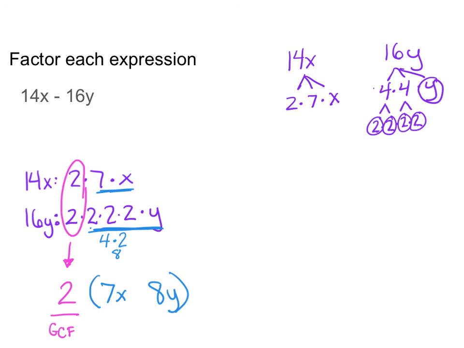How do I determine now what operation goes in here? Well, I look at my original, and it's subtraction, so that means that I need to write a subtraction sign because of up here. All right, so my final factored expression is 2 times the quantity 7x minus 8y.